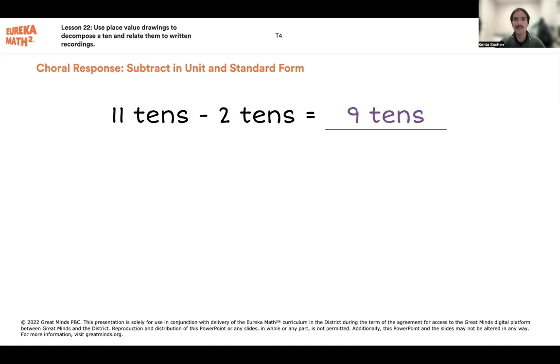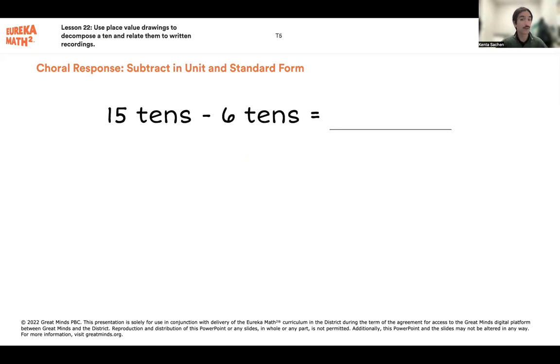Yeah, 9 tens. You started counting at 2, 3, 4, 5, 6, 7, 8, 9, 10, 11. That's 9. Or you know that 11 minus 2 is 9. Now, 11 tens is 110. Remember, 10 tens is 100. 10 more is 110. Minus 20 is equal to 90.